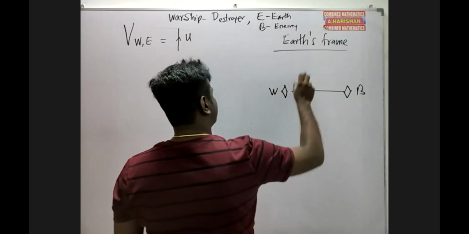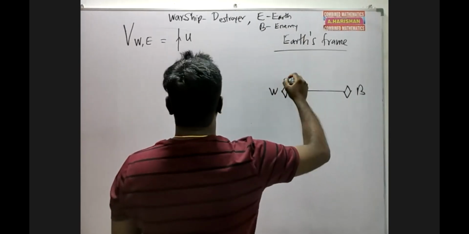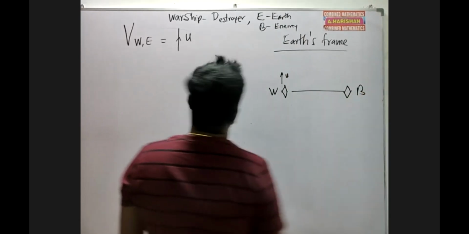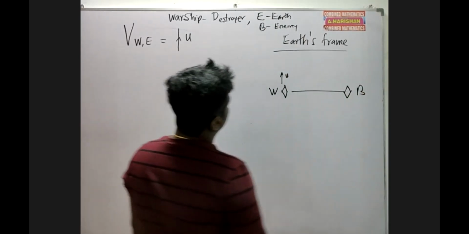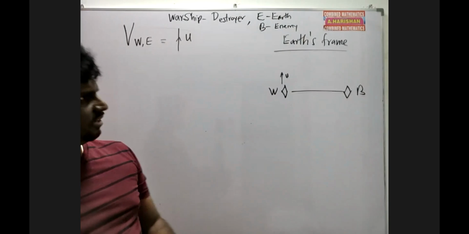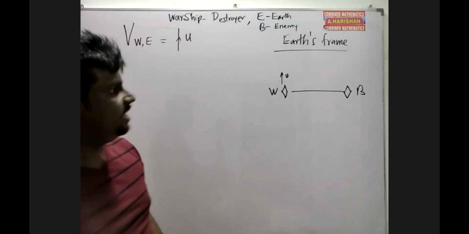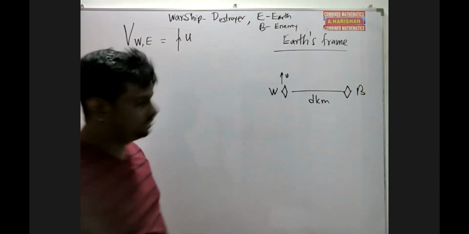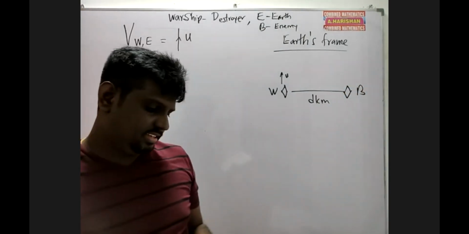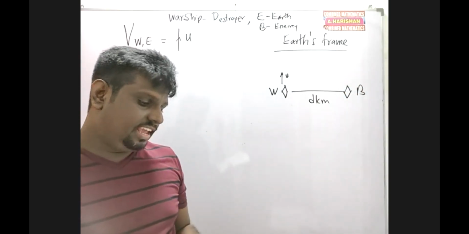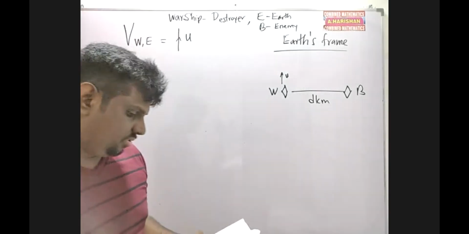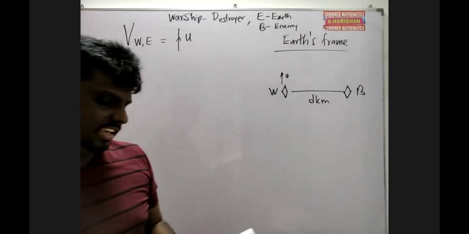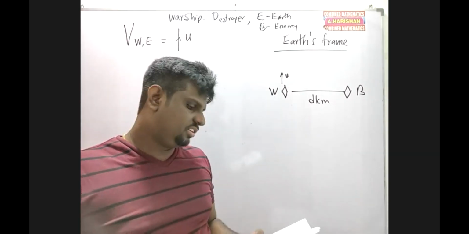So at the certain time, in the Earth's frame, this guy is going with u, and its side is d kilometer. And this guy is sailing east at a constant velocity.